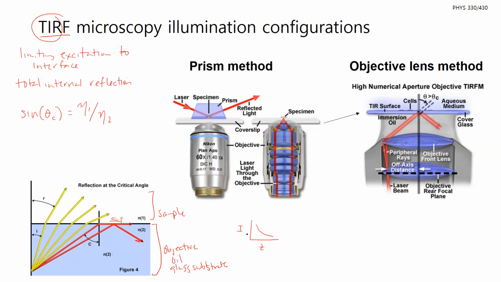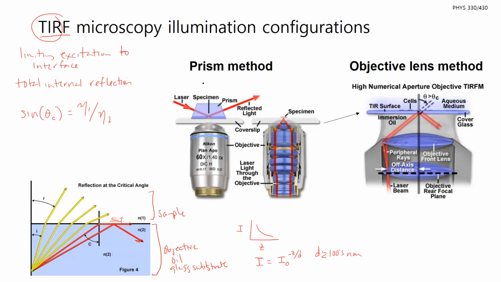So if this is the intensity of our light versus Z, the intensity I is based on the incident intensity raised to the distance you're away and a decay factor here. And this d is typically around 100 nanometers or so. It can be less than that too, and again will depend on this angle that you have.